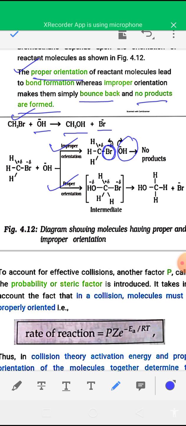So due to repulsion, there will be no bond formation, and in proper orientation, OH minus comes from the back side of Br. OH minus enters the carbon atom and Br minus is removed from the carbon atom. So this will lead to formation of an OH and carbon bond.